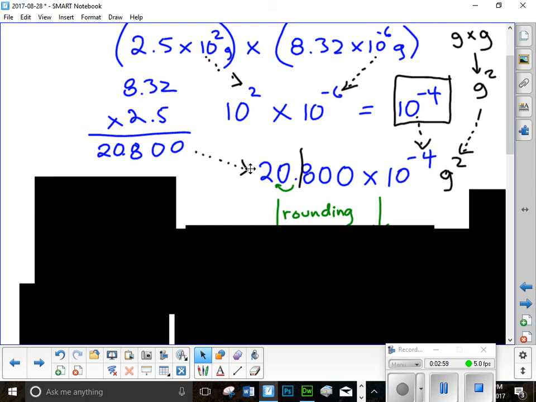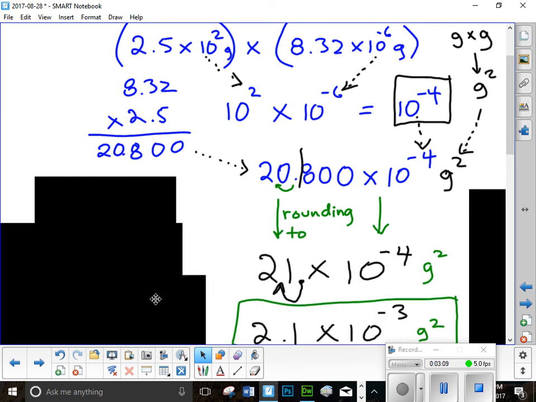Start on the left, and we count over 1, 2, which is why we drew the line here. As we round, 20 is going to be bumped up one number because 8 is bigger than 5, and we wind up with 21. But that's not scientific notation.